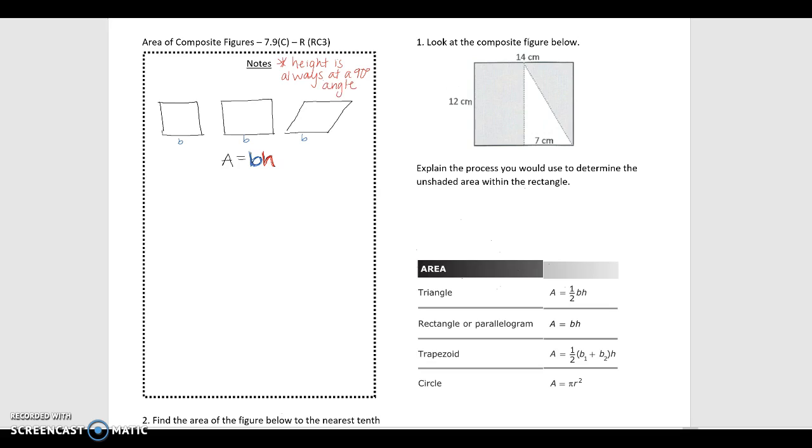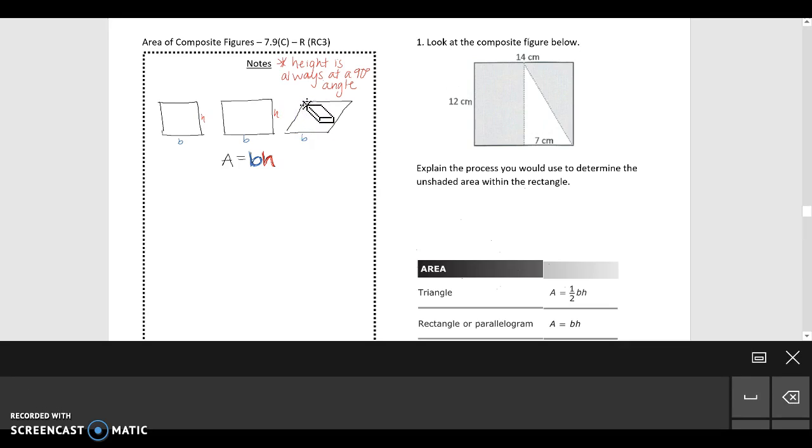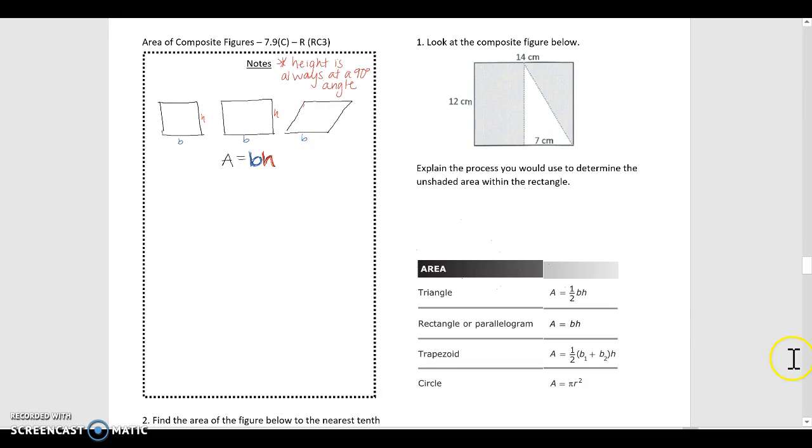Okay, so this right here is at a 90-degree angle, so that is our height. Same with the rectangle. Now the issue here is that it's slanted, so that means that is not going to be our height. So we are going to draw the height up and down here and put in a 90-degree angle.